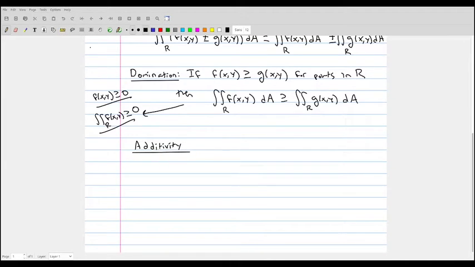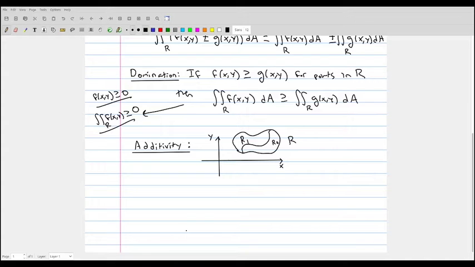And this says that if our domain R can be split up into multiple different parts, which any domain can, let's say we have our domain R, and this is split up into two separate subdomains, R1 and R2.